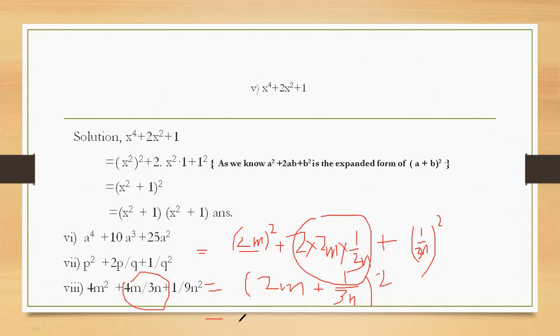It means 2m plus 1 by 3n, not 3n, 1 by 3n, and another also will be there, 2m plus 1 by 3n. These are the two factors of this question. Understood, children?